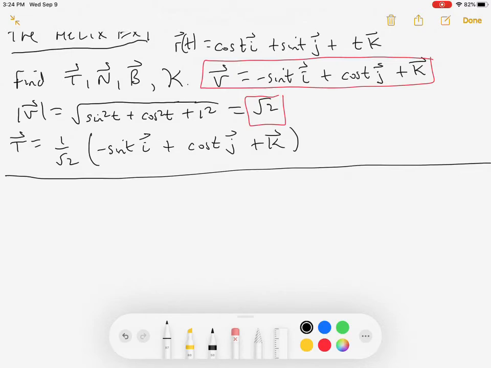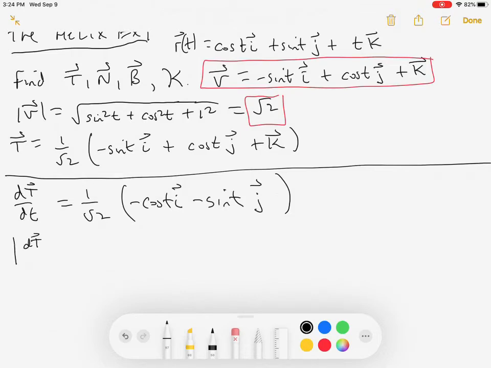All right, so for N we need dT. And this 1 over root 2 just sits out front here. And the derivative of sine is cosine, so I have minus cosine T i. The derivative of cosine is minus sine, so minus sine T j. Okay, and there's dT. So we also need the norm of this guy, or the length I should say.